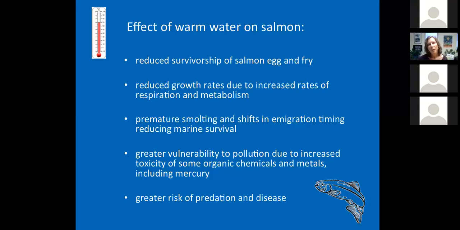And then they also have a greater chance of predation and disease. And we're starting to see that in certain systems. In the Yukon, we've seen some Ichthyophonus and more incidents of disease, which doesn't necessarily kill the fish, but it adds more stress to the fish as they go through these warmer conditions. Okay, next slide.